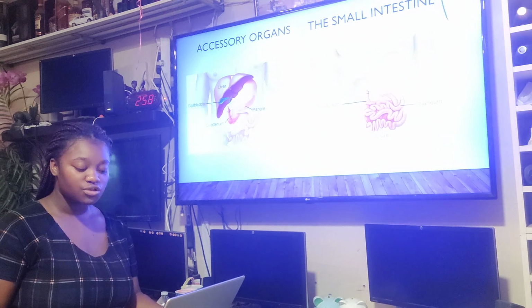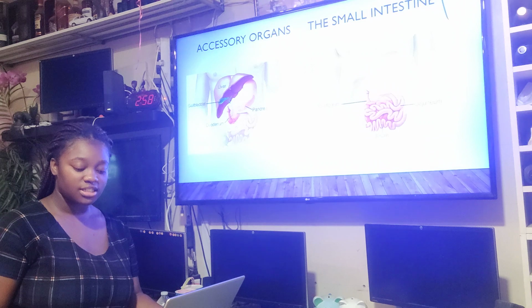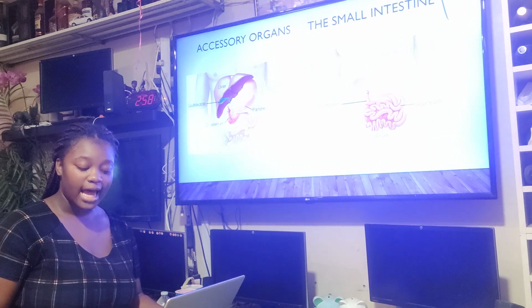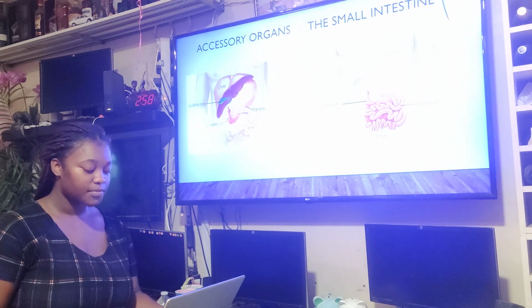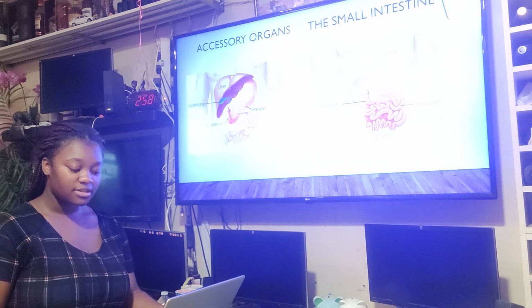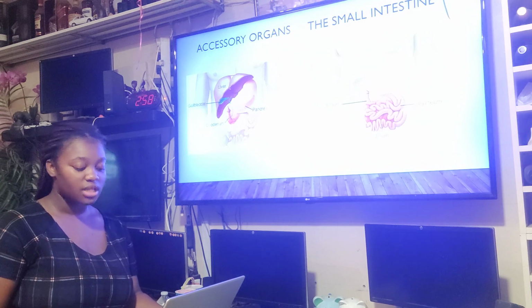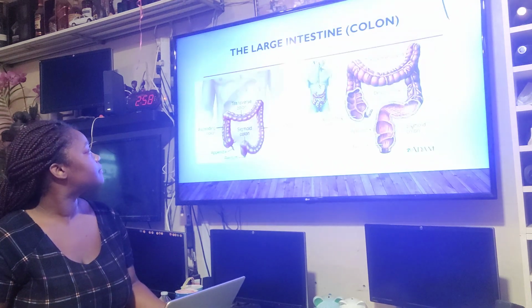The water and nutrients that have been digested are absorbed into the bloodstream via the lining of the small intestine. The digestive system's waste continues to travel to the large intestine.